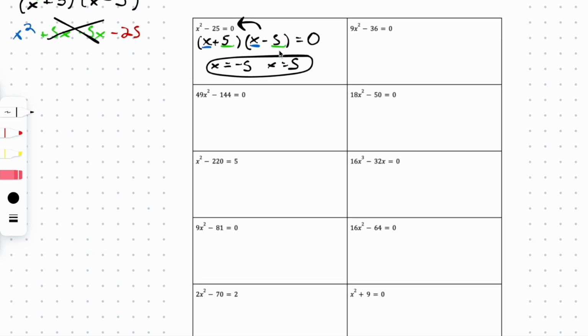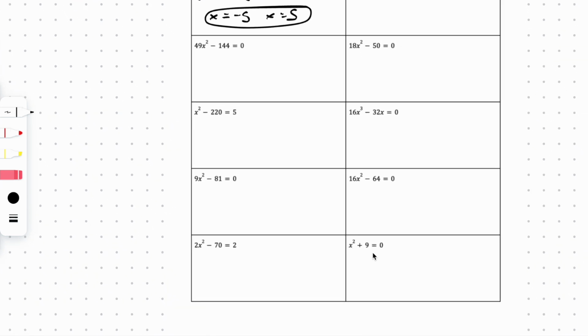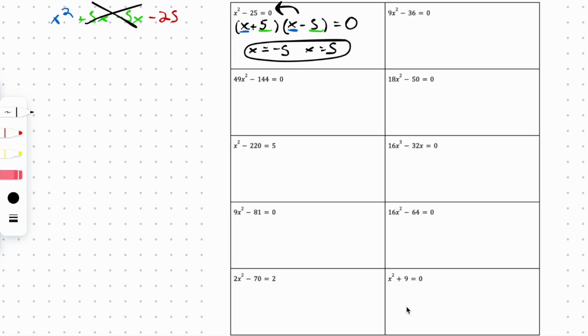But anyway, we need this to be a negative sign because when we multiply this out, we had a plus 5x and a minus 5x. We can't do that here, right? If it's just plus, we either need x minus 3 and x minus 3, because negative 3 times negative 3 gives us positive 9, or positive 3 times positive 3.